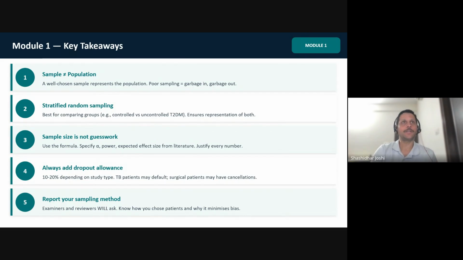Sample size is absolutely not guesswork. There is a way to do that. There is a formula. There is something called alpha, power or beta and things like that. Just for your purpose, don't worry too much about that, but just remember these things. It's not guesswork, but a computational way of doing it.